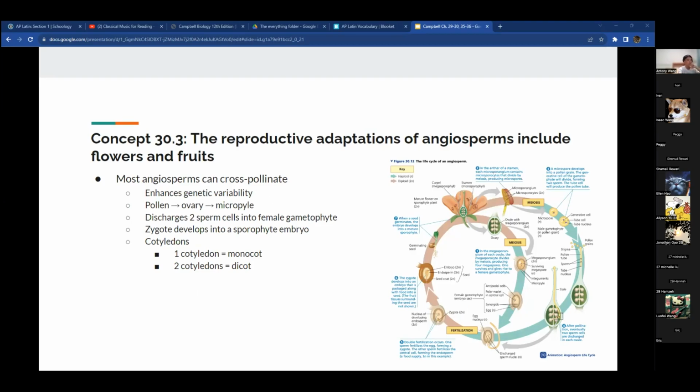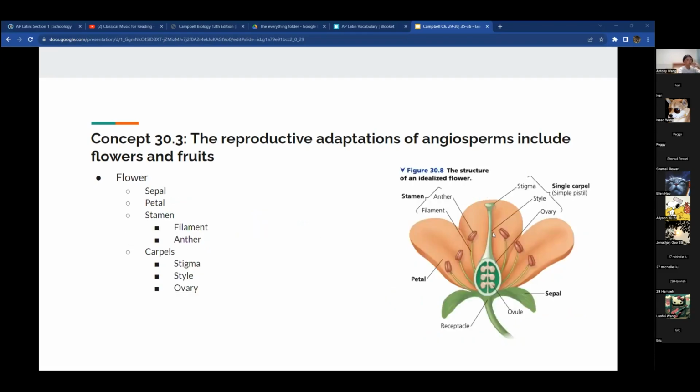Let's go back to the bigger picture of the flower. Let me draw this. So the anther right here will produce pollen, right? Let's say this is a pollen grain. The pollen will go and stick to this stigma.